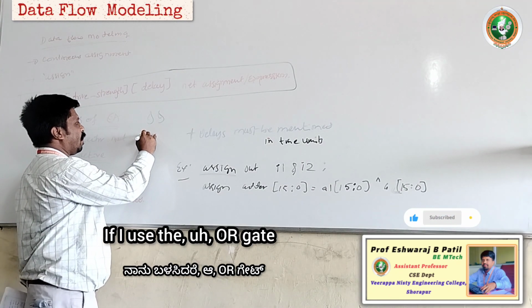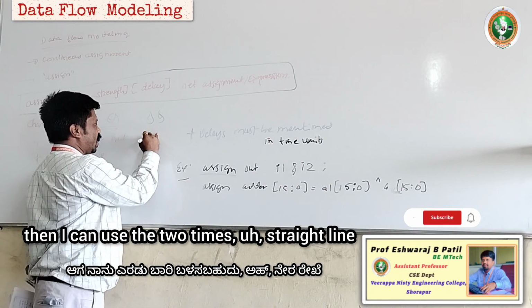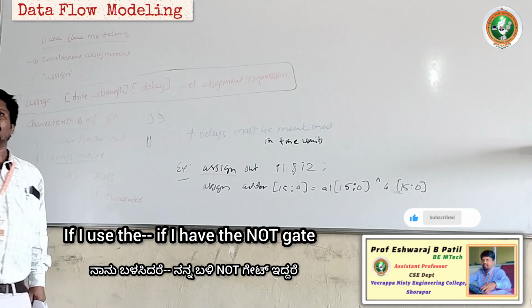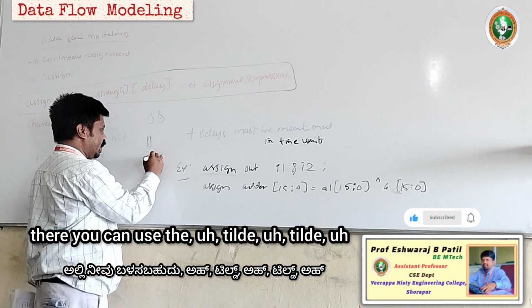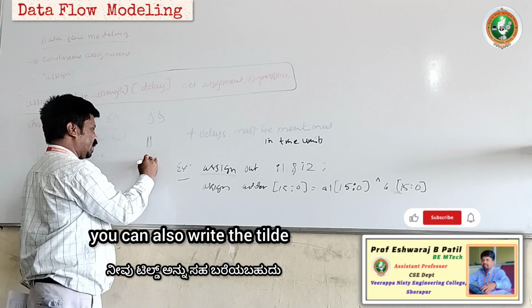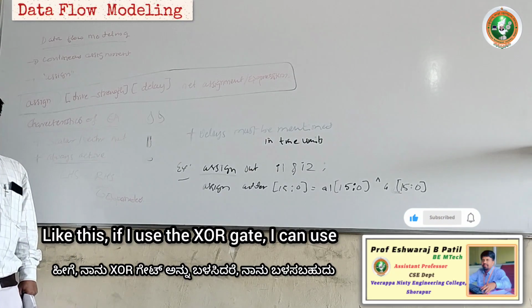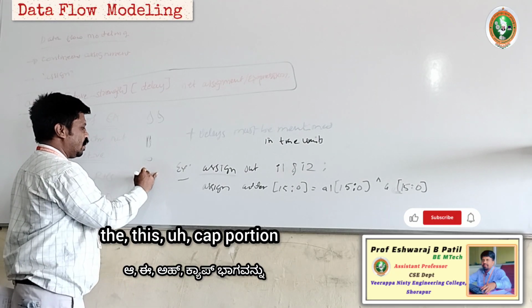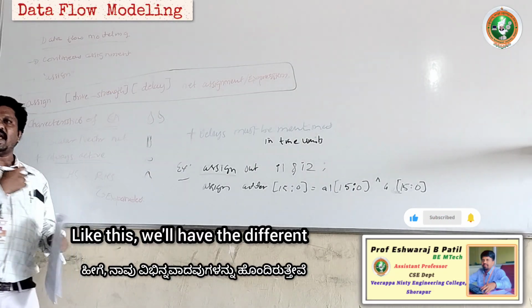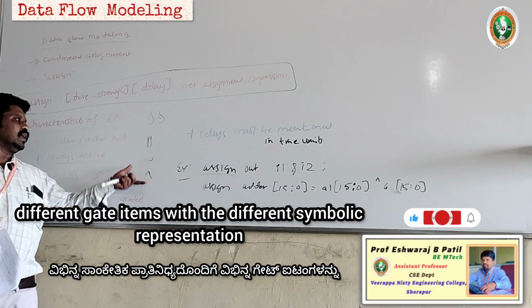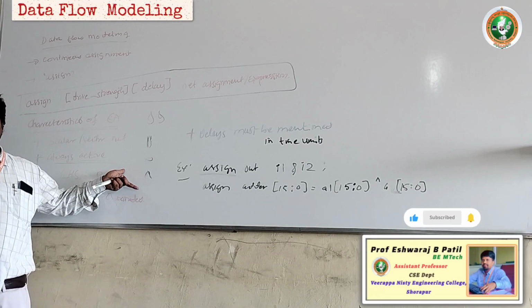If I use the OR gate, then I can use the double straight line. If I have the NOT gate, you can use the tilde. If I use the XOR gate, I can use the cap symbol. Like this, we'll have different gate names with different symbolic representations. We'll see one by one.